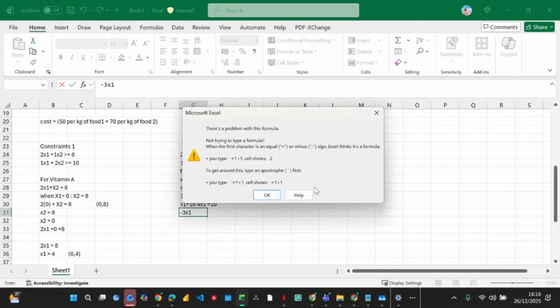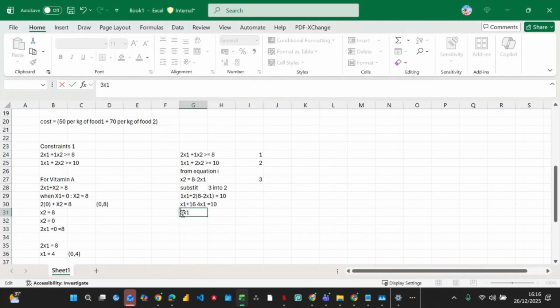Then on the other side, I have 10 minus 16, which will now give me minus 6. Is what I have.